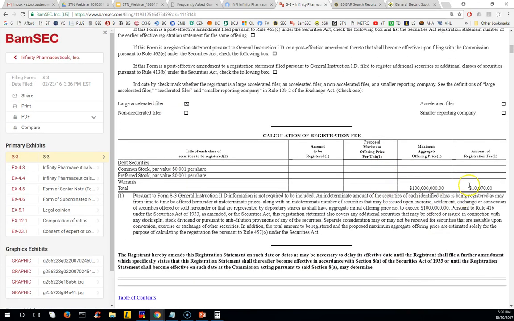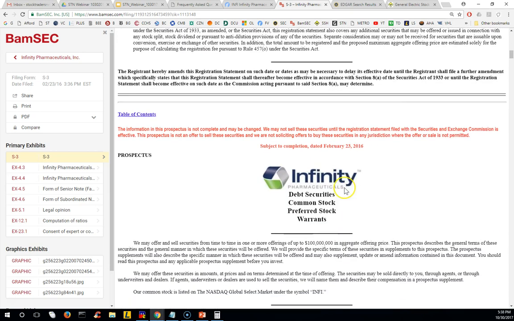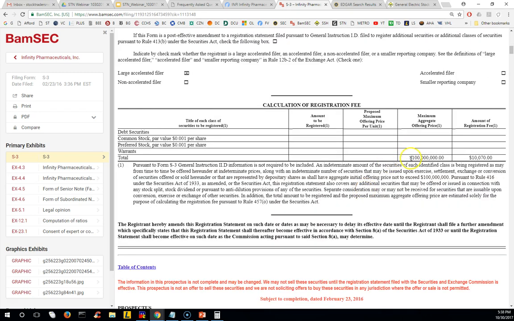They want to generate $100 million, and their thinking is it's going to be via debt, bonds, common stock, preferred stock, or warrants. So by either one or an assortment of these instruments, they will generate that $100 million over time. And that's why there's no pricing associated with it, right? Because they don't know which instrument they'll be using. But we know that they used common stock for half, or $50 million, of that 100. That was granted effect by the SEC.